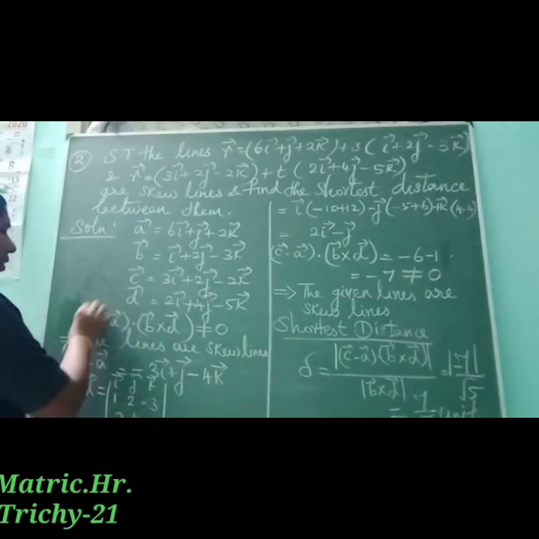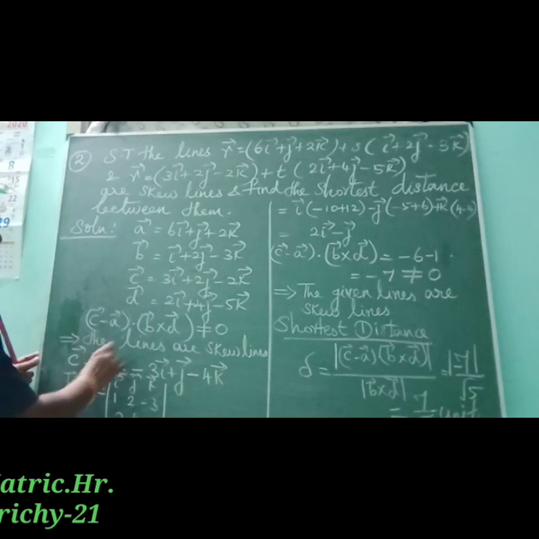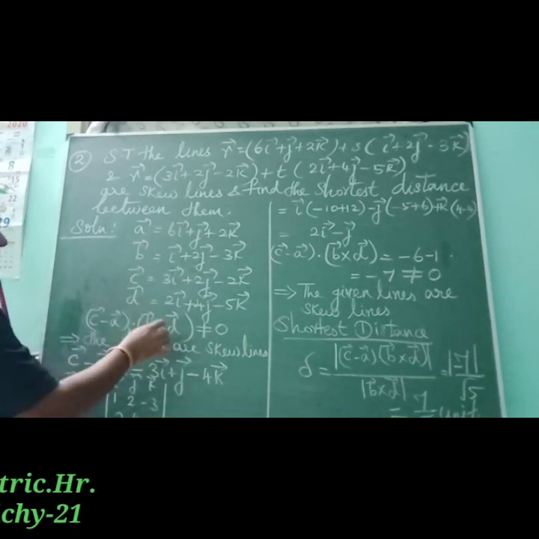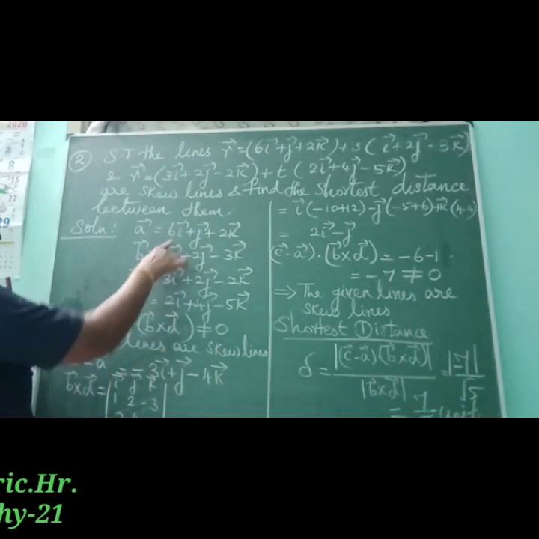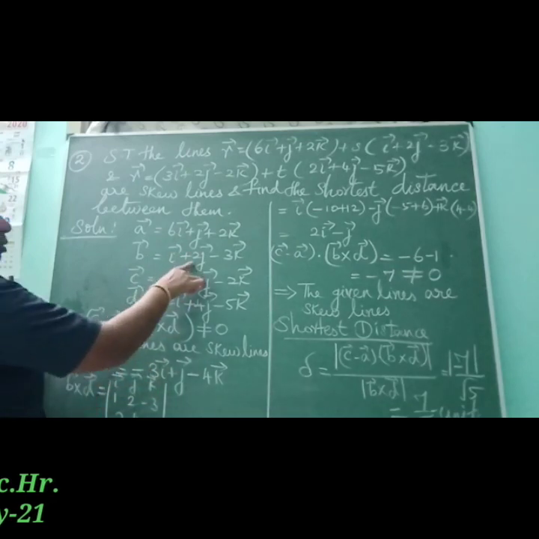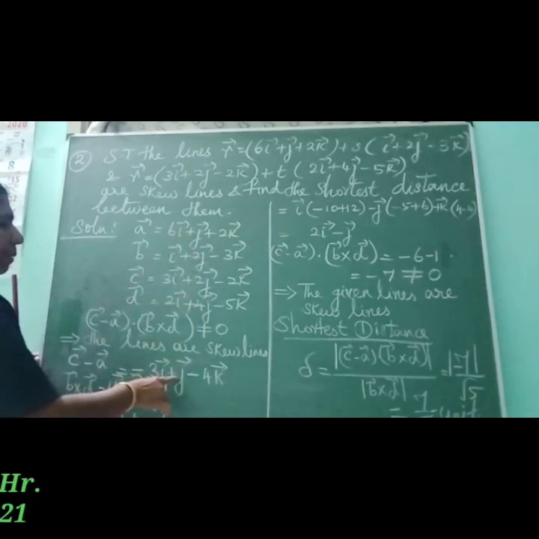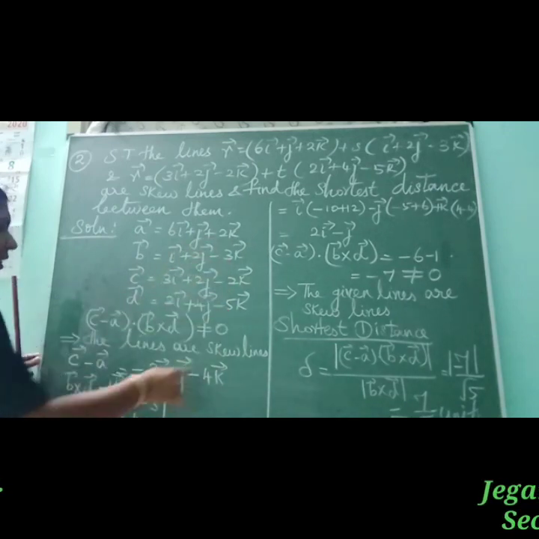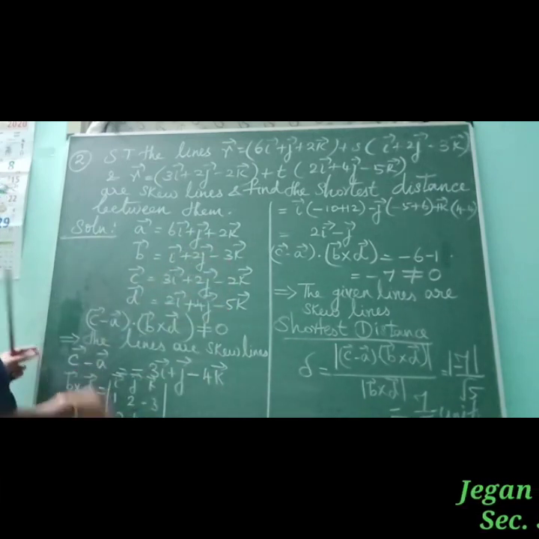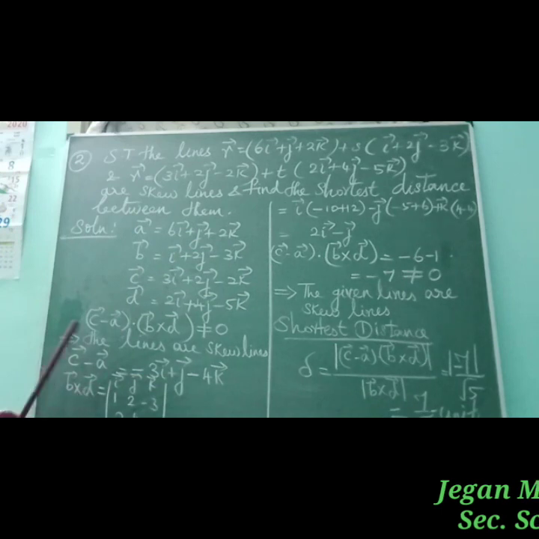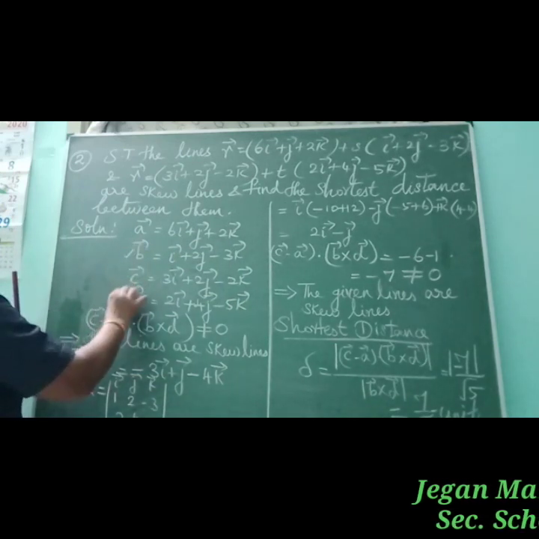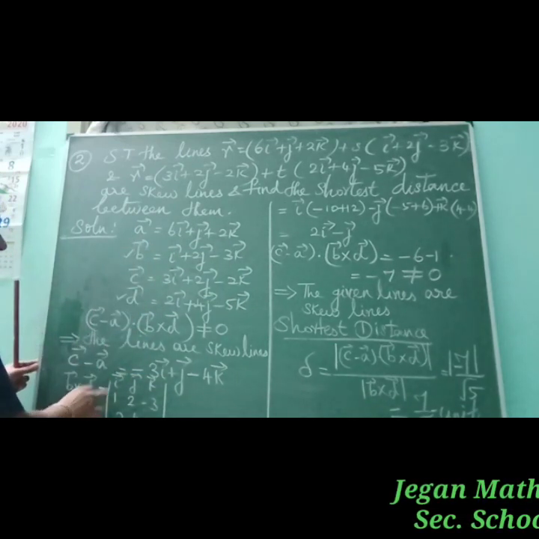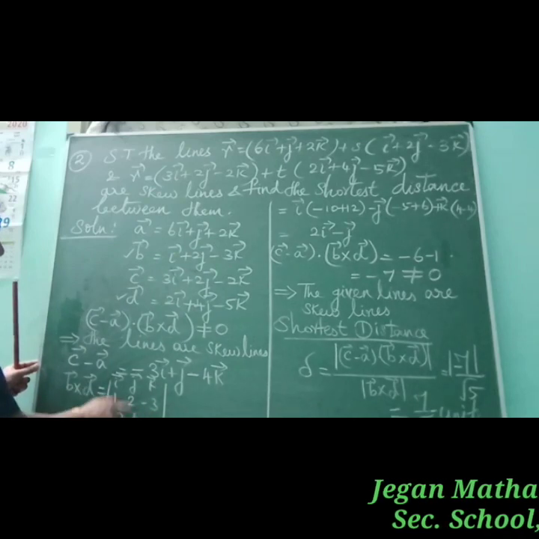First we find the c minus a vector by using c and a: 3i minus 6i equals minus 3i, 2j minus j equals j, minus 2k minus 2k equals minus 4k. This is c minus a. Then we have to find the cross product of b and d. b cross d is written in ijk form.